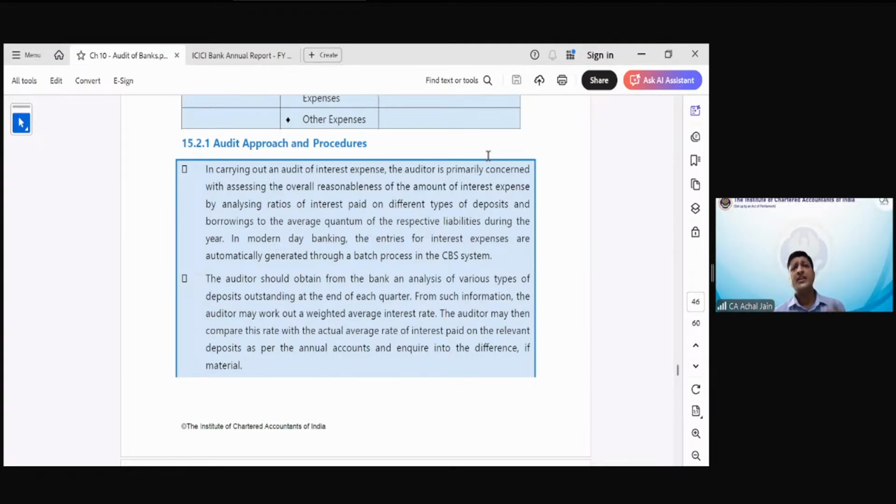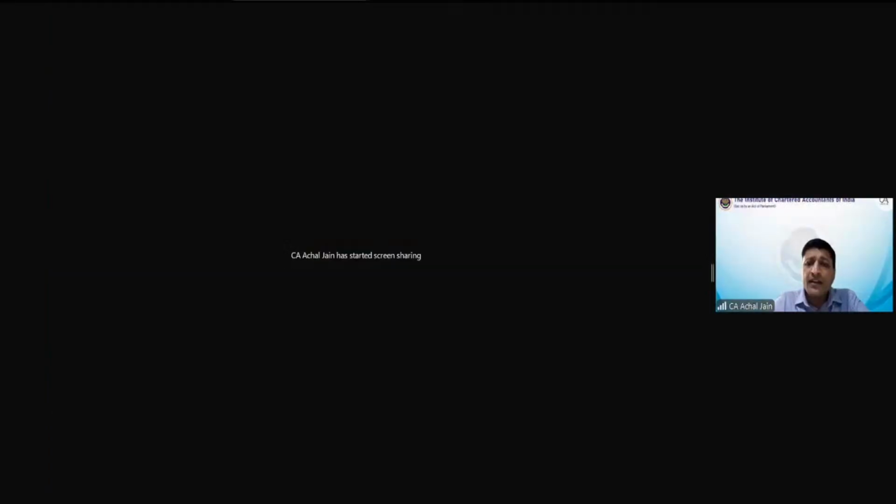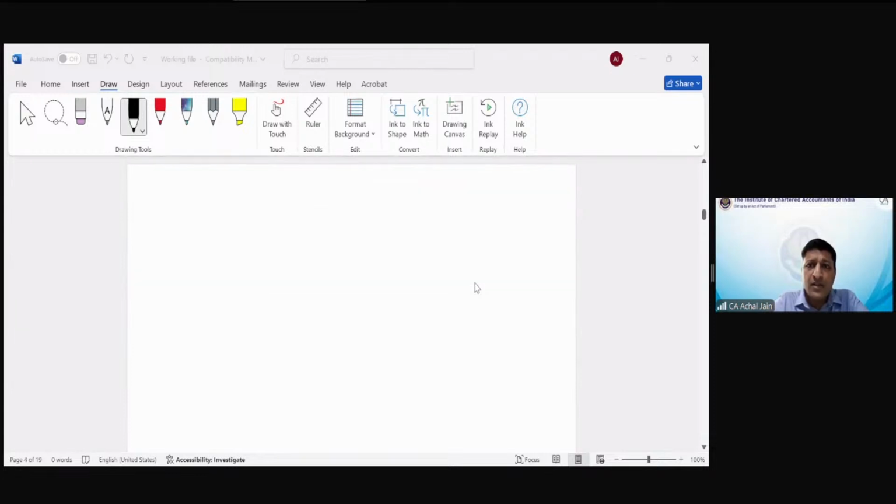Let's suppose interest expense has been increasing in proportion to the benchmark or in proportion to the underlying curve. So therein analytical plays an important role. So let's try to understand how an analytical can help the auditor.